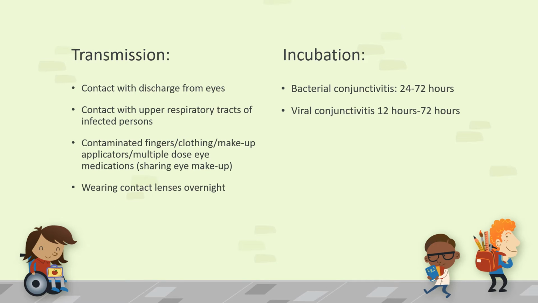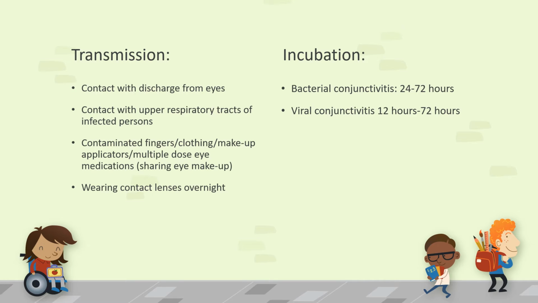Transmission. Conjunctivitis is transmitted through contact with discharge from the eye or eyes, or through contact with upper respiratory tracts of infected persons. Contaminated fingers, clothing, makeup applicators, or multi-dose eye medications are a common method of transmission.